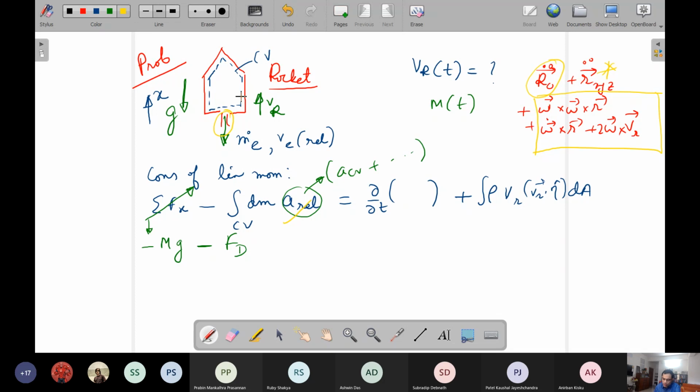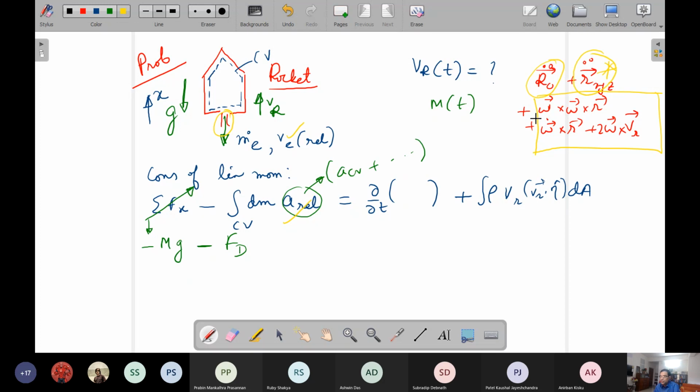Inside the control volume, there is some relative velocity, not that it is zero, because otherwise it is not possible to just at once come out. But that is much negligible as compared to the effect of this boundary term, and that makes this negligible.